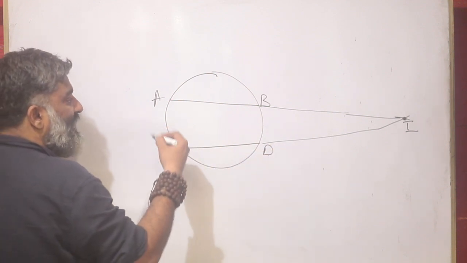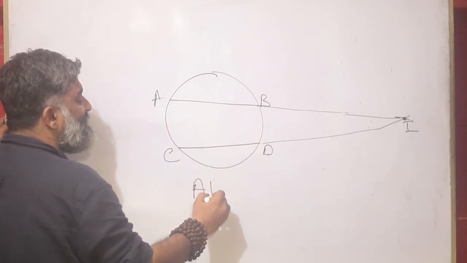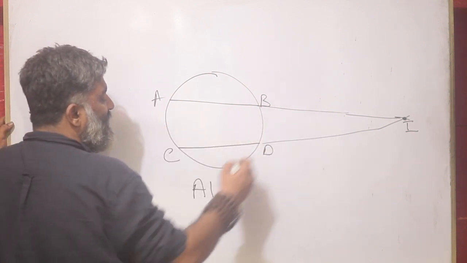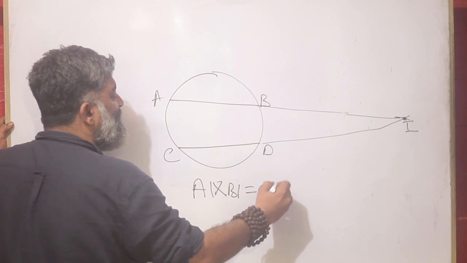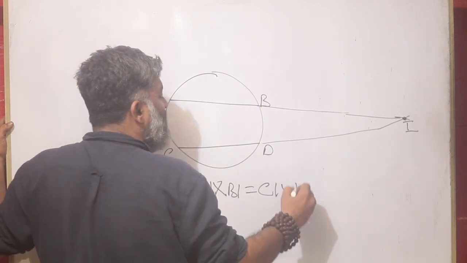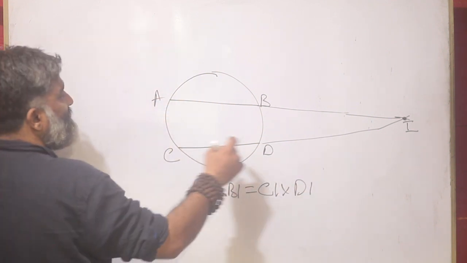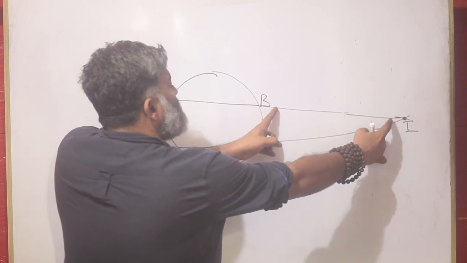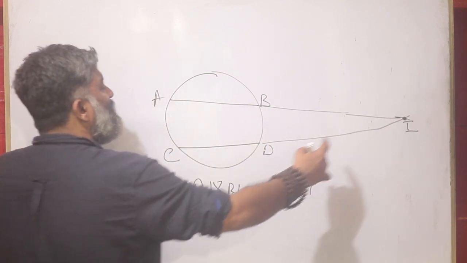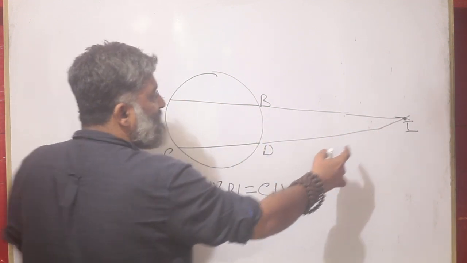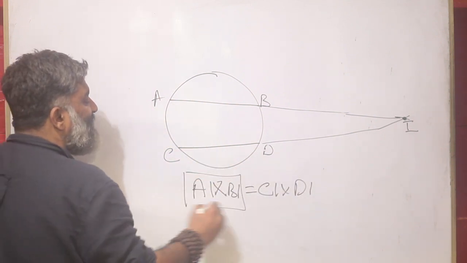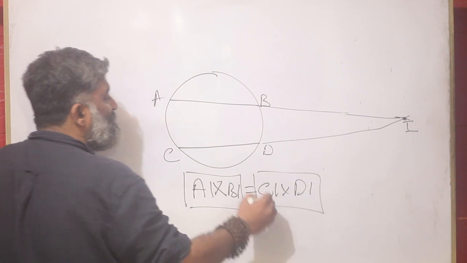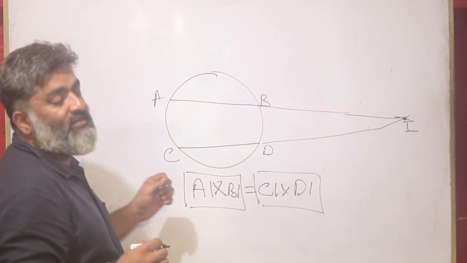So once again, I have exactly the same result as before. AI into BI is equal to CI into DI. That means this distance into this distance is going to be equal to this distance into this distance, verbalized in your own language. And the result is exactly the same as before, just that the visualization is different.